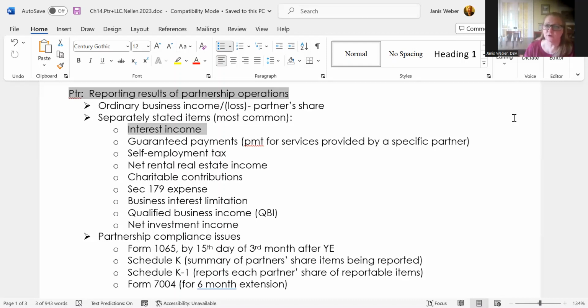So maybe you're expecting the partnership to make $100,000, and you will share equally the net amongst the partners as far as who's reporting it.